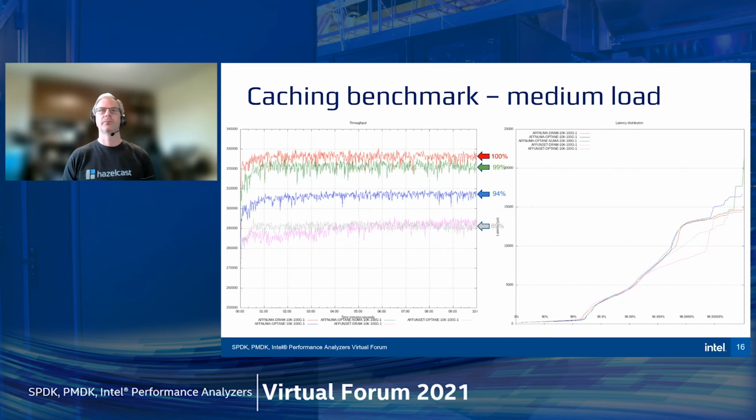The blue line comes with NUMA-bound worker threads, but using the round-robin allocation policy. And the gray line is the round-robin allocation policy without NUMA binding the worker threads. So we see that there is a separation between the performance, and the best is the NUMA-aware case.